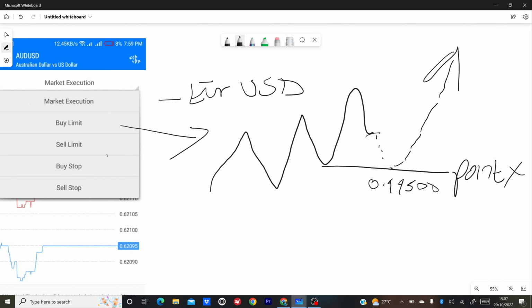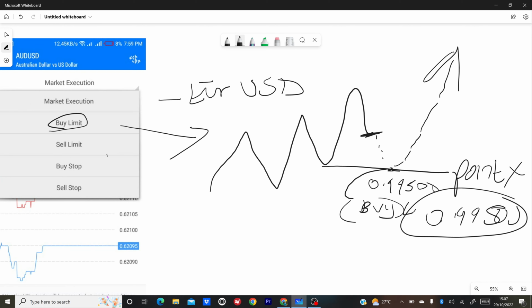Because the price is at this level, and maybe you would not always be checking the market, what you can do is put the buy limit over here. You can click buy limit and put the price as 0.99500, so that when it reaches this point it is going to buy automatically.